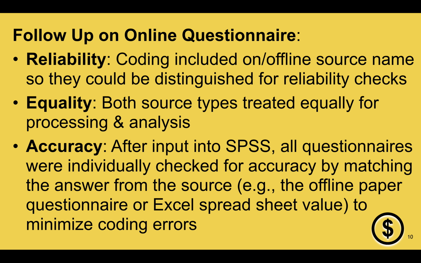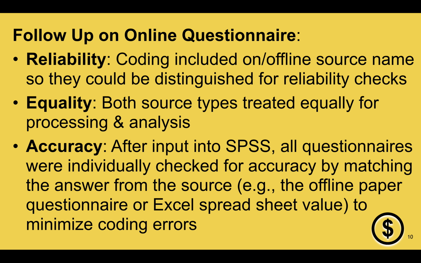One wasn't biased in terms of being more valid or reliable than another. And finally, in terms of accuracy, after the data was inputted into SPSS, as many of you probably use, all the questionnaires were individually checked for accuracy by matching the answer from the source to minimize coding errors. So I wanted to ensure that as well. Obviously, you want to minimize coding errors as much as possible.